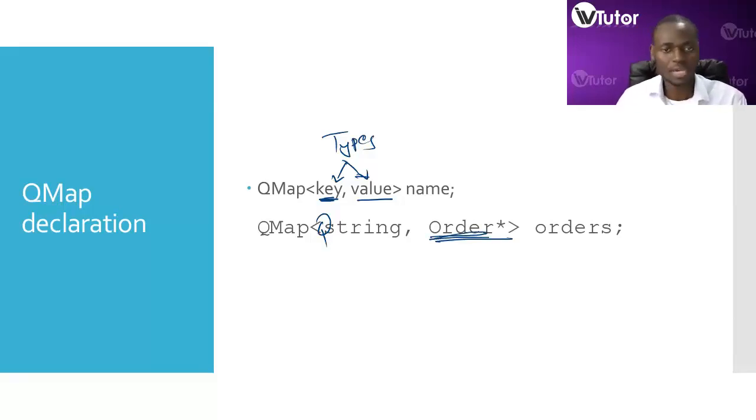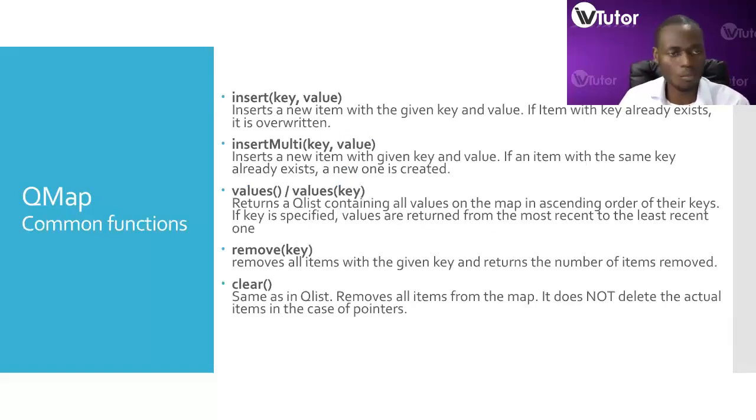So let's go and look at functions that are common on a QMap, those that you would use more often. The first two functions I want you guys to know about are the insert and insertMulti functions. So these two functions are used for inserting into a QMap. The only difference being that the insert function does not allow you to insert duplicate items, which means as long as you keep inserting an item with the same key, this function keeps overwriting that value, which means you only have one item per key.